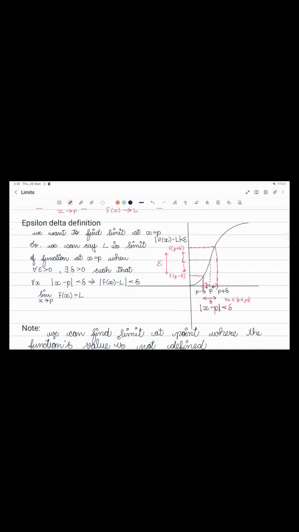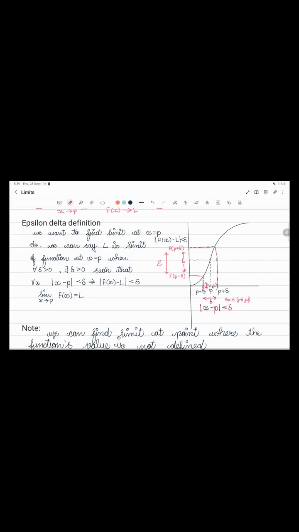Now we will see the epsilon delta definition of limit. So again we have taken a random function, and we want to find the limit at x equal to p, which is this point. So first what we do is take a delta neighborhood around p.